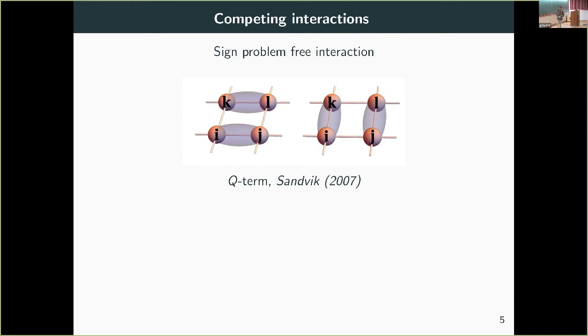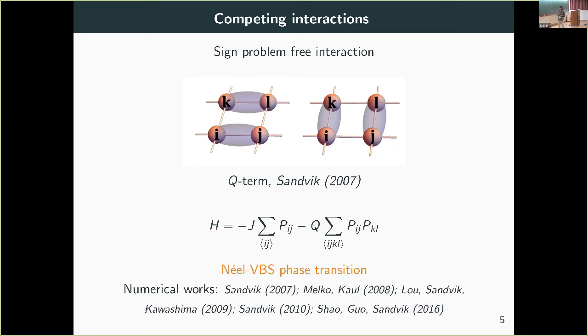If you sum this over all elementary plaquettes of the square lattice, it realizes the VBS phase on the square lattice. This has been extensively studied owing to the great interest in studying the Néel-VBS phase transition, which is an exotic phase transition. And these are just a small subset of numerical works that use this designer Hamiltonian to study this phase transition.